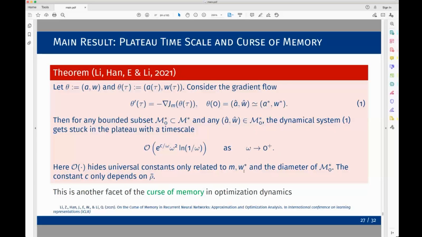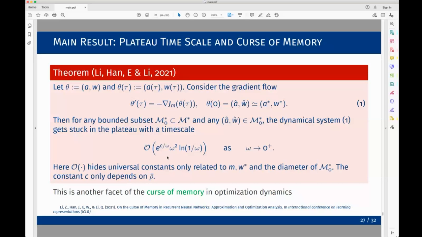Okay, suppose we start with some parameters that approximate the short memory part. Then our dynamical system will get stuck in the plateau with a time scale e to the power of c over omega square, and log 1 over omega. So you can see here, omega is the memory factor, and as omega approaches 0, we have the factor e to the power of 1 over omega.